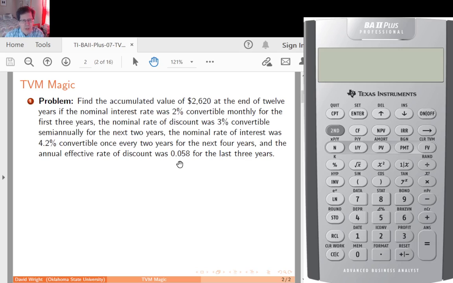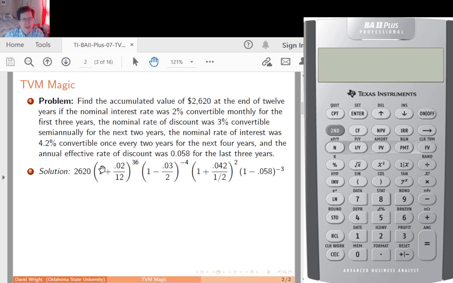Okay, and with algebra, this would turn out to be 2620, and the first one is 2% convertible monthly, so you divide by 12, 1 plus 0.02 over 12 raised to the 36th power. When you get to the discount, that's semi-annual, and you have to use minus signs, and 4 is the number of half years, so in 2 years, and so forth.